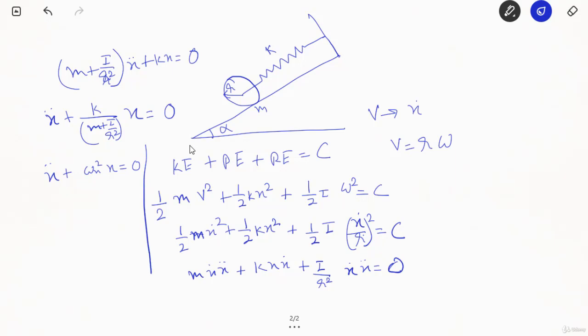So for this case, omega n is equal to under root of k divided by m plus I divided by r square, right? We can put the value of moment of inertia for the cylinder as well. It will give a clearer expression, right? So this can be done, but the procedure is like that. Now this is the natural frequency of the system, right?